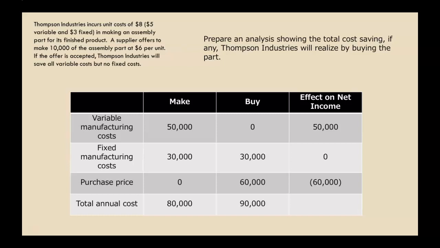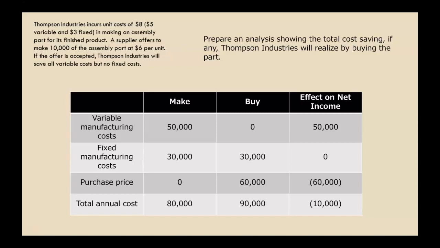Now, a few different ways that we can find this last piece. We could go across, right? We could say 80,000 up to 90,000, or we could go down, where we take 50,000 minus 60,000. Either way, we're going to end up with this negative 10,000, meaning that our net income would be $10,000 less if we were to buy than if we were to make this product.